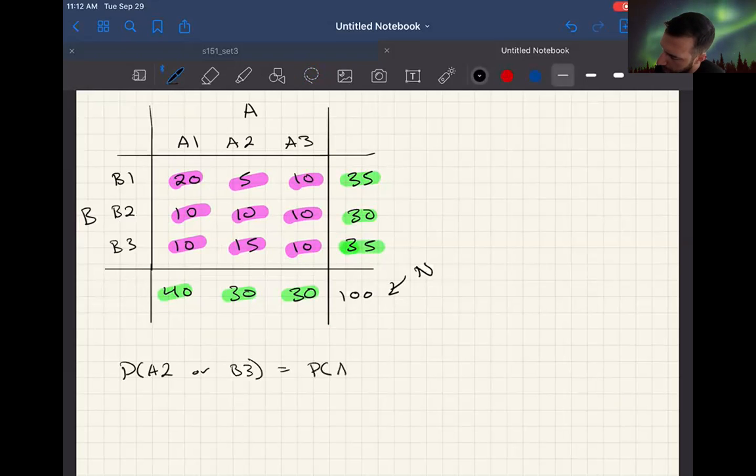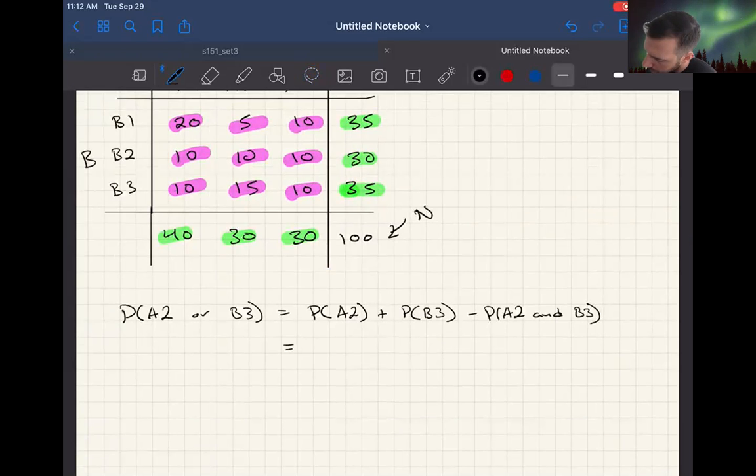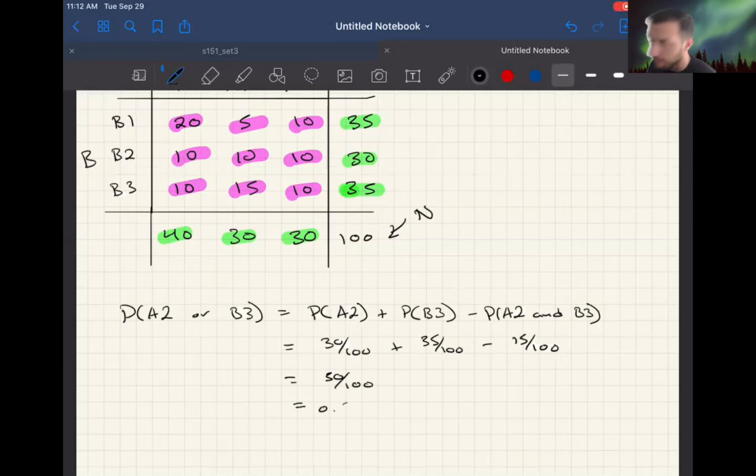This is the probability of A2 plus the probability of B3 minus the probability of A2 and B3. Okay, so this is going to be 30 over 100 plus 35 over 100 minus the joint of A2 and B3, 15 over 100. Okay, so that's going to be 30 plus 20. That's 50 over 100, which is 0.5.